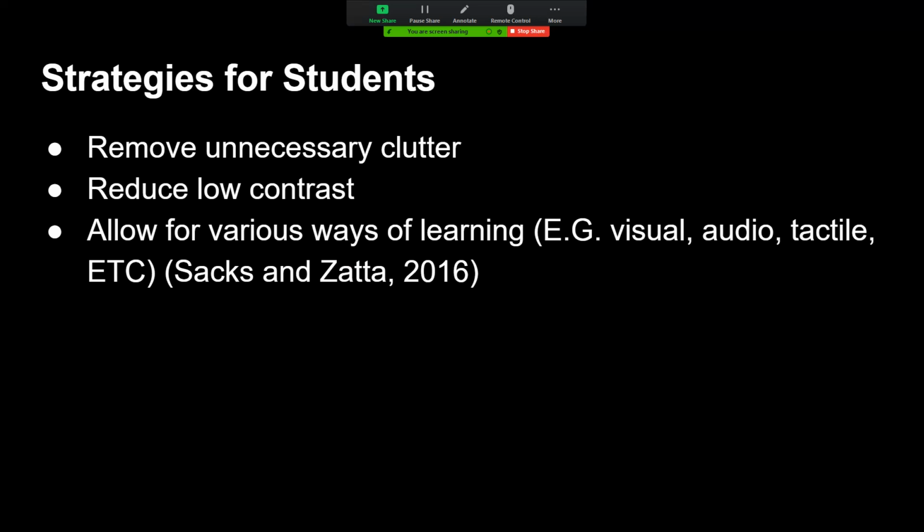Make sure that the contrast is clear and things are simple to do, simple to see, so the student does not have eye strain or vision problems. Things are less cluttered and more focusable. And these accommodations and strategies are for any student, all students, not just students with low vision.